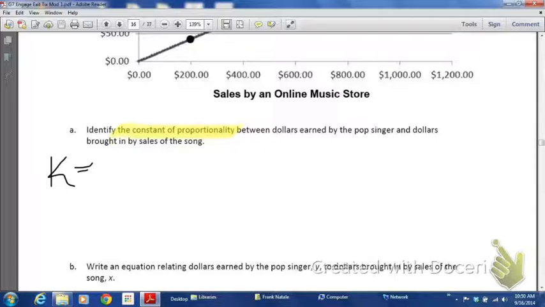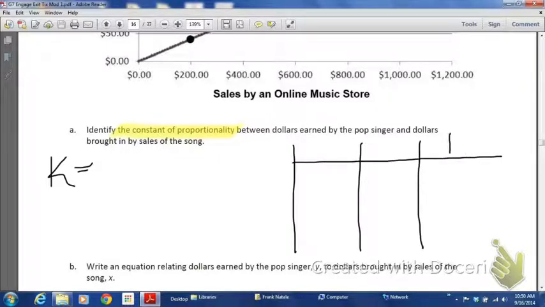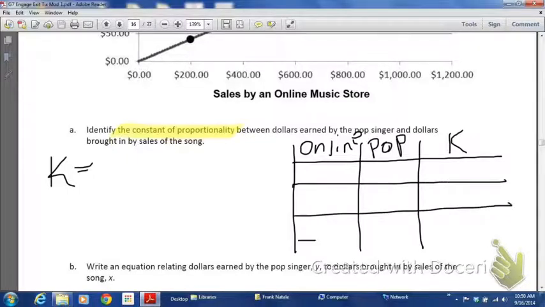If the children had done this, they would have maybe drawn a table. Remember, the X was online sales, the Y was pop star, and the K is our constant of proportionality.